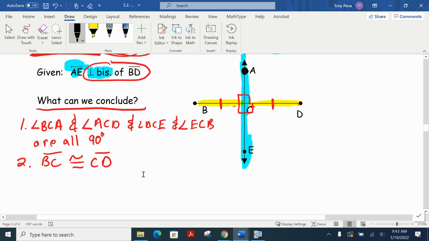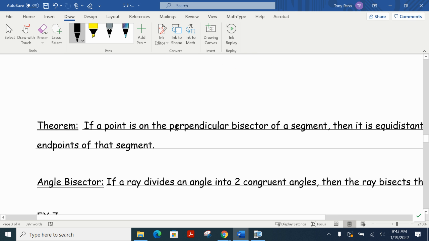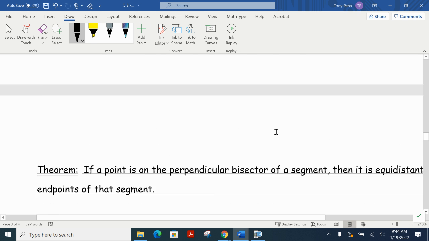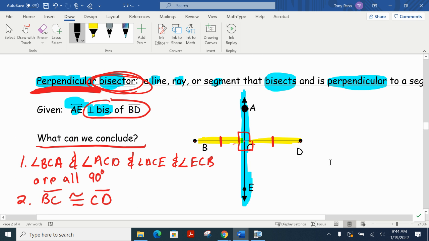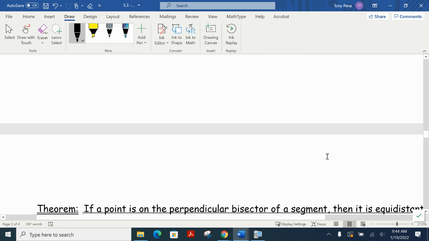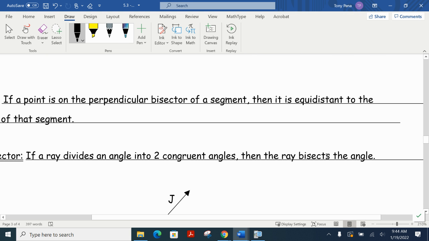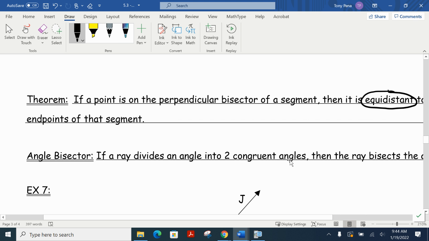So what this theorem starts with is, if a point is on the perpendicular bisector of a segment, which A is, as well as E is, then that point, so A or E, is equidistant. So again, equal distance to the endpoints of that segment that we are perpendicular to.